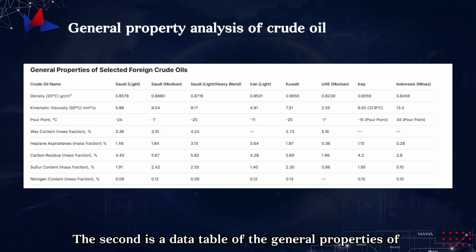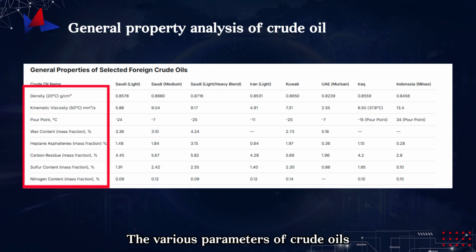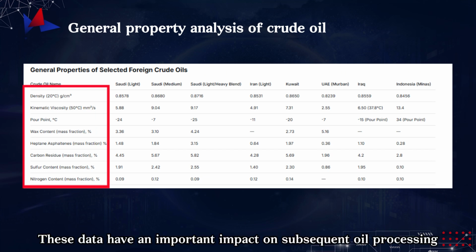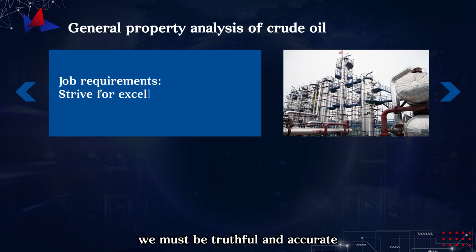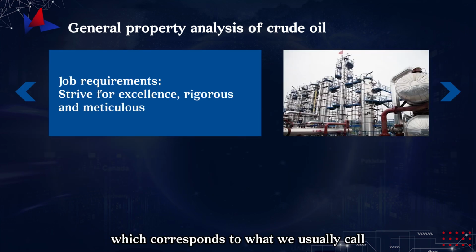The second is a data table of the general properties of some foreign crude oils. The various parameters of crude oils from different regions vary significantly. These data have an important impact on subsequent oil processing. It must be emphasized that when measuring data, we must be truthful and accurate, which corresponds to what we usually call the craftsman's spirit and a serious, responsible work attitude.